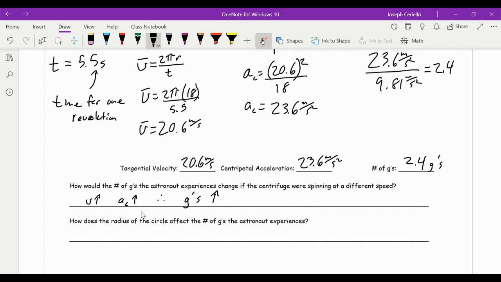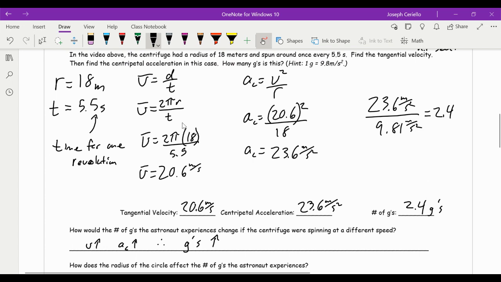Well, if the radius were bigger, the speed would go up, wouldn't it? Because r is in the numerator here. But if the radius were bigger, notice how a_c would get smaller because the radius is on the bottom. So which one wins? That's a really good question, and actually one that we can answer at the bottom here.